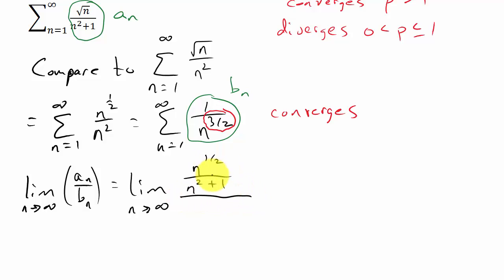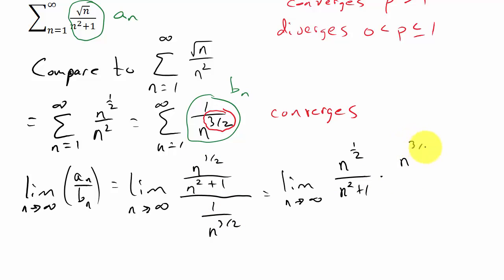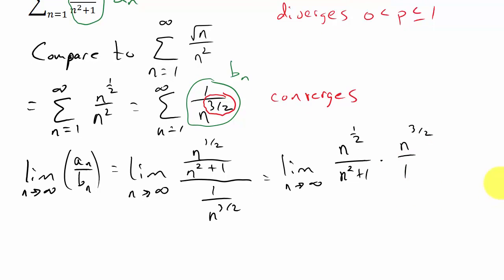So this is a sub n over b sub n, which is 1 over n to the 3/2, which is the limit as n goes to infinity of n to the 1/2 over n squared plus 1. Now remember, it's this divided by this, so it's this times the reciprocal, n to the 3/2 over 1.